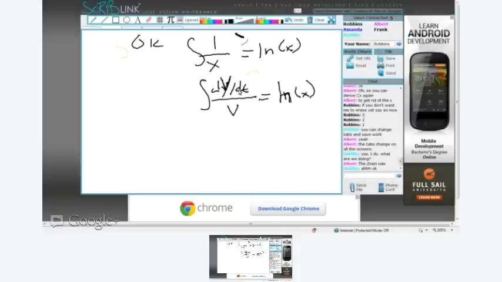V is some function of t, so when we differentiate ln of v with respect to t, we get 1 over v times the derivative of v with respect to t.